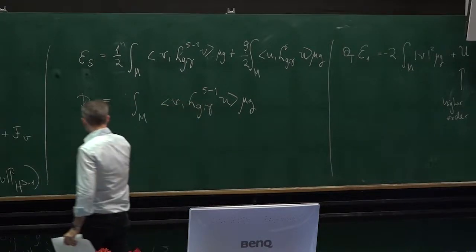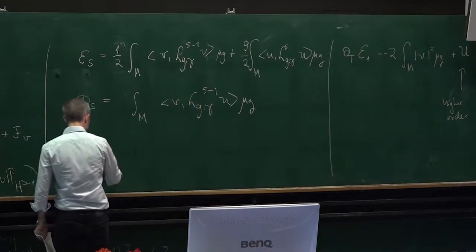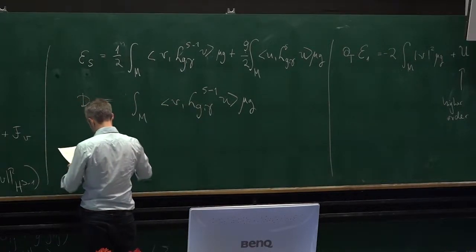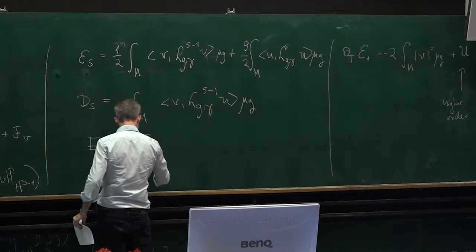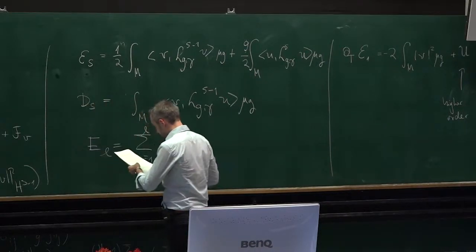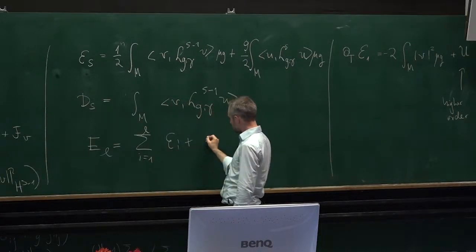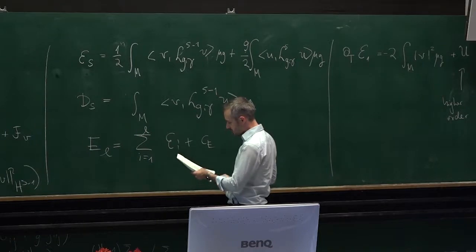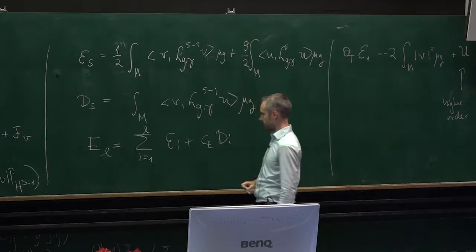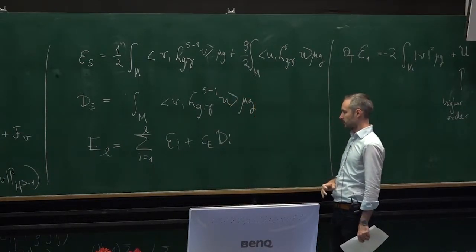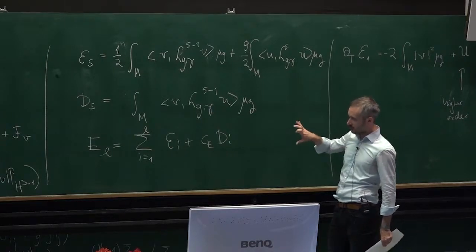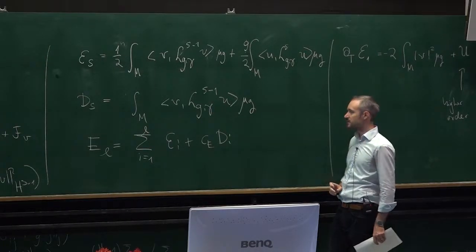And now I define my total energy, EL, as the sum i equals 1 to L of Ei plus a constant CE times Di. And now there's another bit of analysis that you have to do.